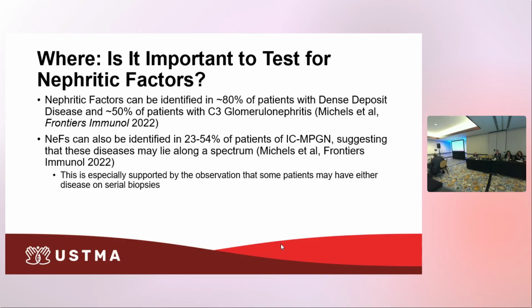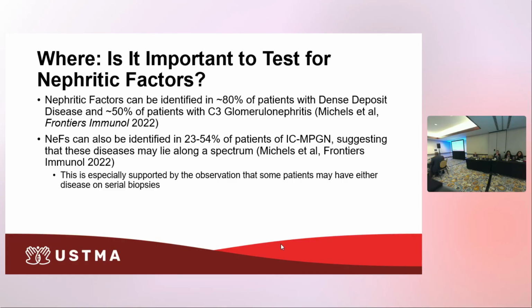MPGN. And so even though the consensus guidelines, the consensus report very clearly delineates these two as distinct entities, the fact that we can find nephritic factors with similar frequency in IC-MPGN as we can in C3G, and the same is true for genetic drivers of complement dysregulation, may suggest ultimately that these diseases lie on a spectrum rather than being truly two completely separate and distinct diseases.